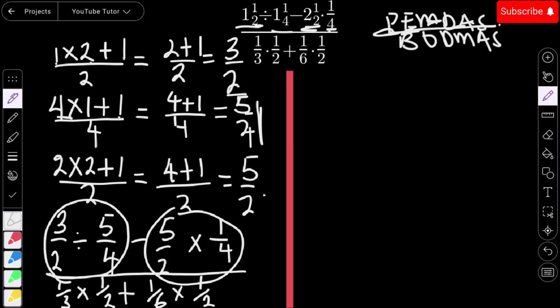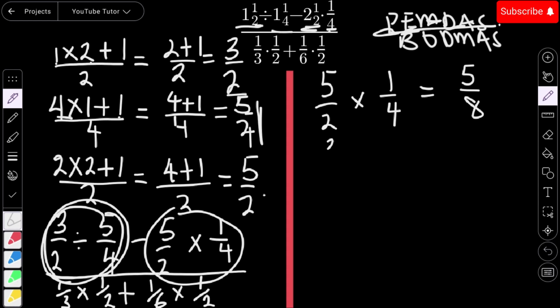So 5 over 2 times 1 over 4 gives us what? 5 over 8.